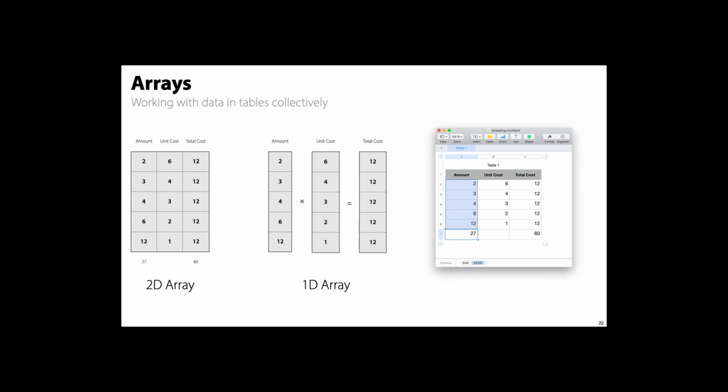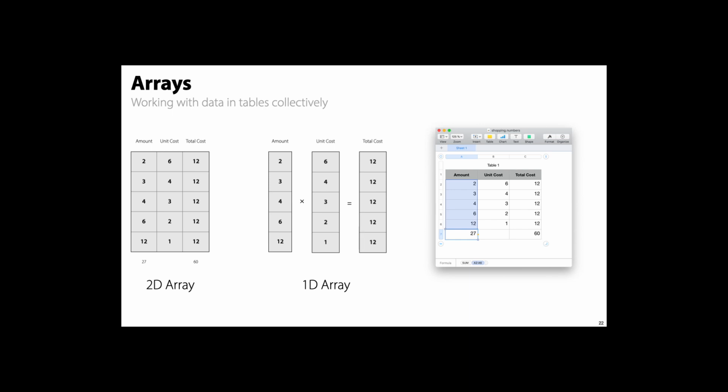This is working with data in multiple columns, and we tend to do element-wise operations. Imagine this is kind of like a shopping list. We have a bunch of items, and then we have the price for each item, and then we want to multiply the number of items we're buying of each type with the cost of each item, and then we get a total cost, and then we can add all of that up.